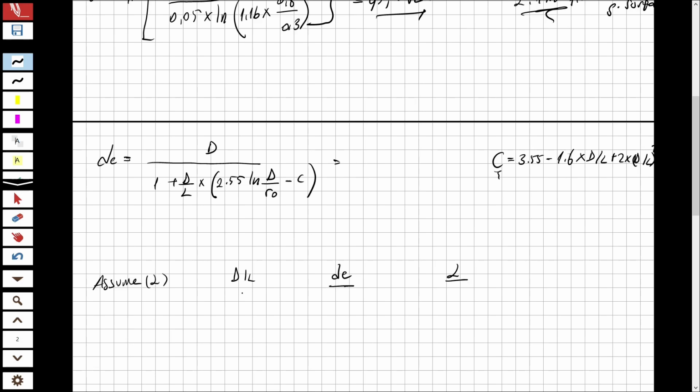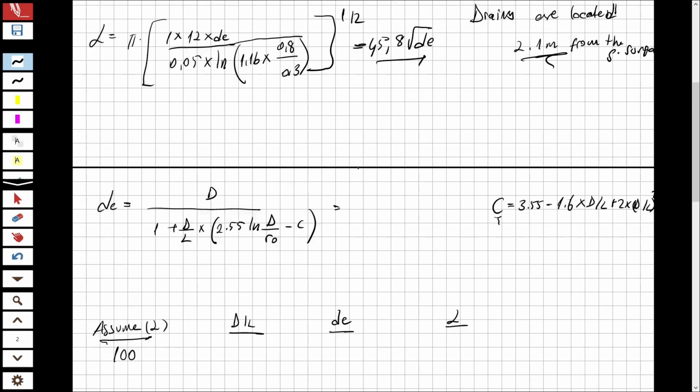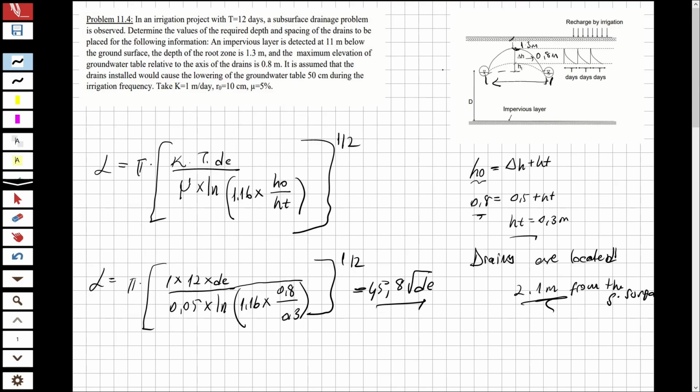So now in this formulation we are going to, for example, assume 100 as the length. The d over L, what is d? Let's check. If until that point it is d, the small d is equal to 2.1, and this whole is 11 meter, so this is going to be 7.9 meter, I guess.